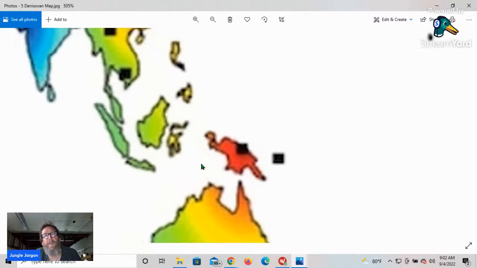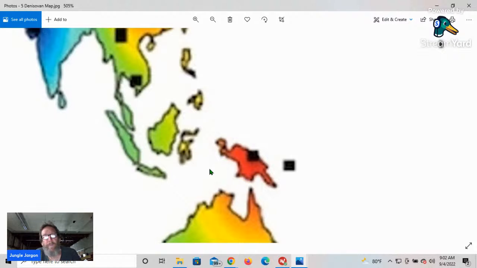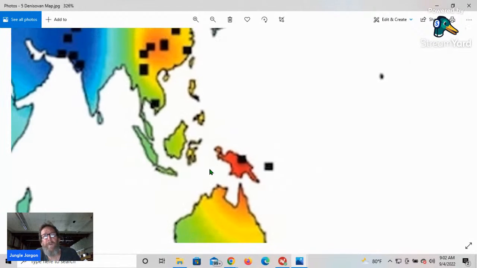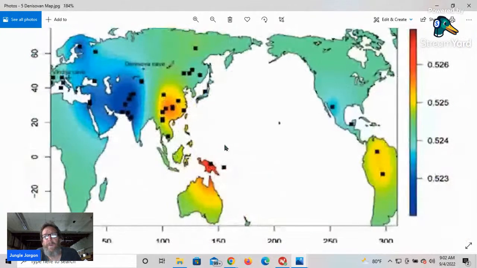And it's also Hamitic of Papua New Guinea.